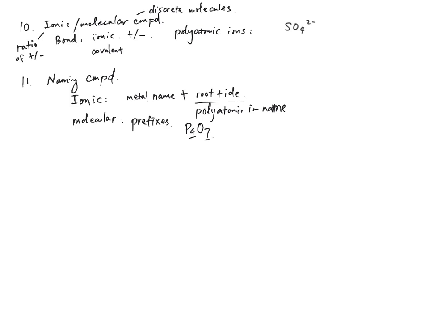Also, one more thing about ionic compound naming: for metals with fixed charges, you just need the metal name. Things like group 1A, sodium, lithium, you know they're only going to have a +1 charge. Group 2A, you know they're only going to have a +2 charge. Or aluminum, you know it only has a 3+ charge. So you don't need to worry about charge, but if it's a transition metal, before you name your compound, you better figure out what kind of positive charge your metal has.